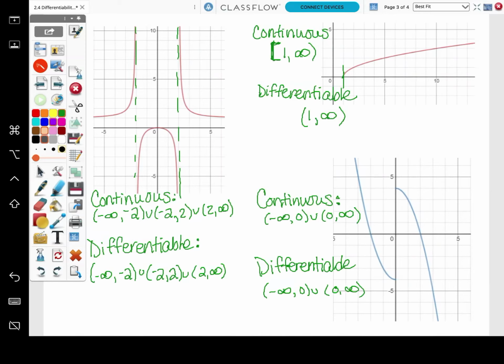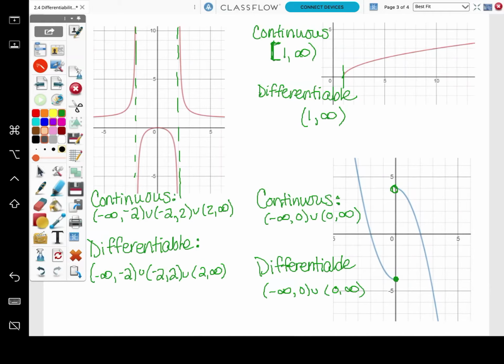Okay. And the last one is continuous everywhere except where it has this jump, so maybe that is a closed circle and an open circle up there. We don't really know how I typed that into Desmos, but continuous everywhere on the left, everywhere on the right just has that discontinuity at 0, so it's differentiable everywhere as well except at that 0.